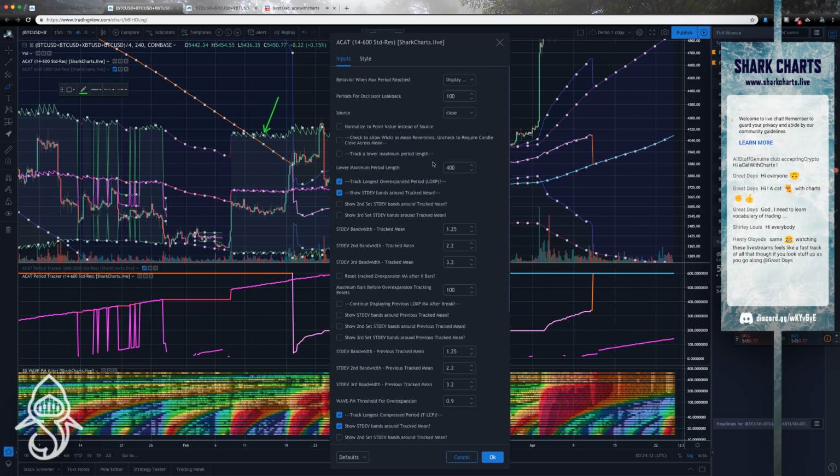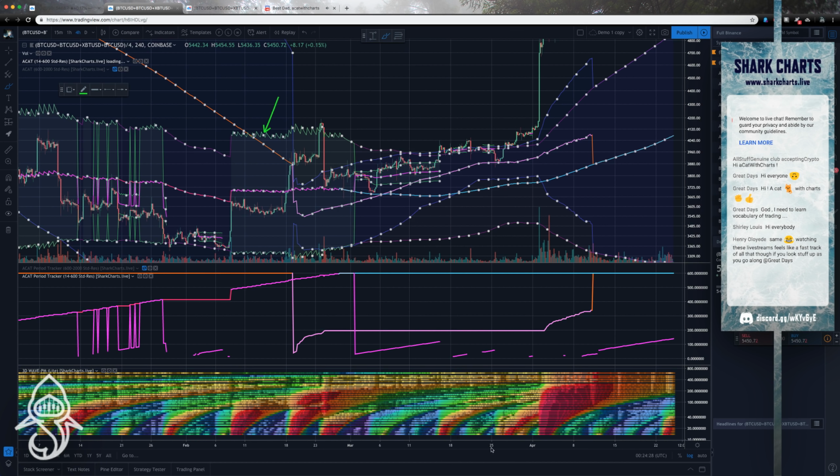So in this first menu that says behavior with max period reached, change that to hide until tracking resets. And then turn on the indicator below it. So hit OK. And then do the same for the period tracker.